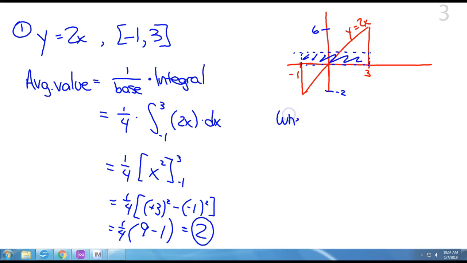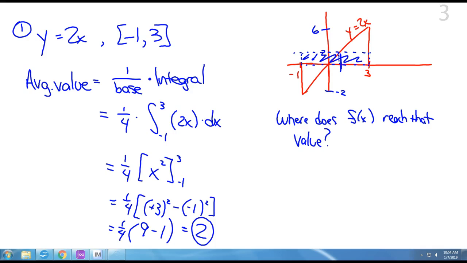So where does f of x reach that value? We're looking for this x value right here, where the line reaches 2. I don't know if I drew it right, but I think it's over there somewhere. Yeah, it's right there.